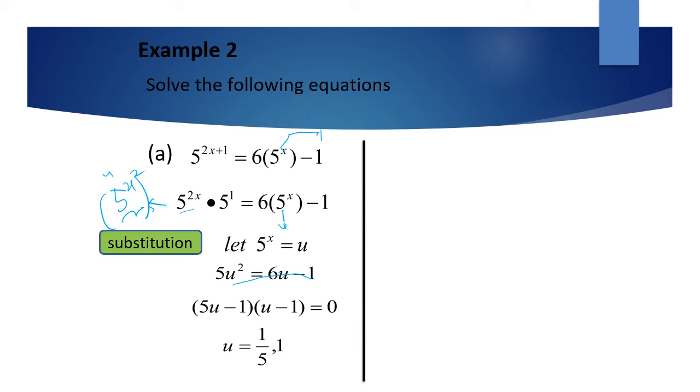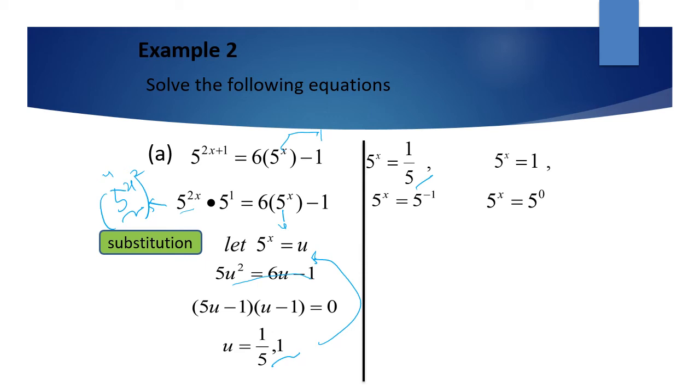So substitute this value u into the equation here. We have u equal to 5 to the power of x. So 5 to the power of x equal to 1 over 5, and 5 to the power of x equal to 1. So solve for both of these. This 1 over 5 can be written as 5 to the power of negative 1, so x equal to negative 1 for this part.